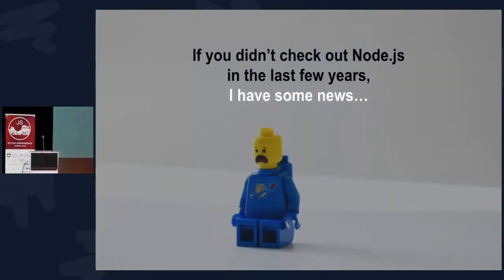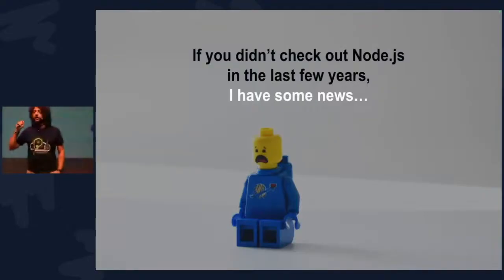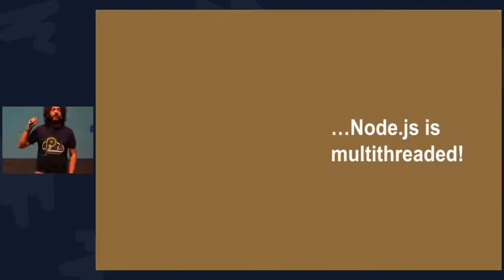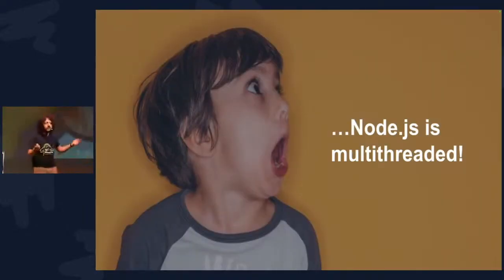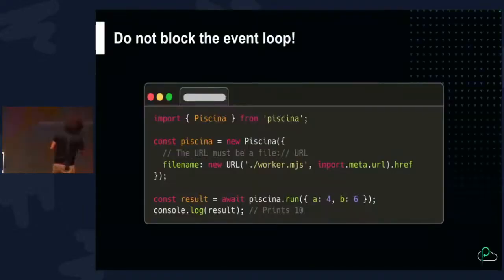However, we have not finished. If you have not checked out Node since 2015, when it became extremely popular everywhere, and you probably haven't, because that's what the numbers tell me, Node.js is now multi-threaded. So instead of blocking the event loop, if you need some processing, you can say, I am running it on another thread.